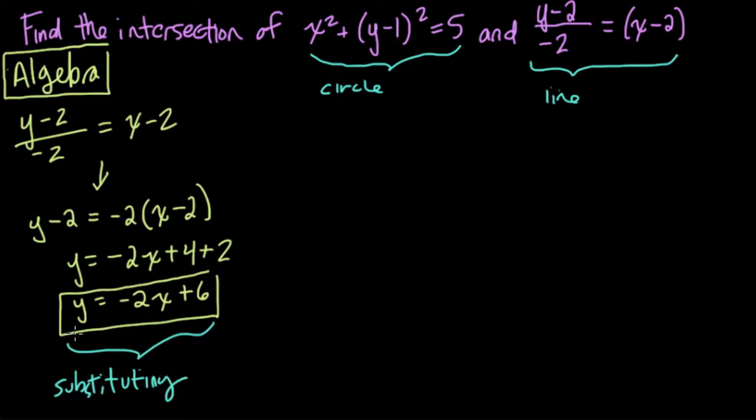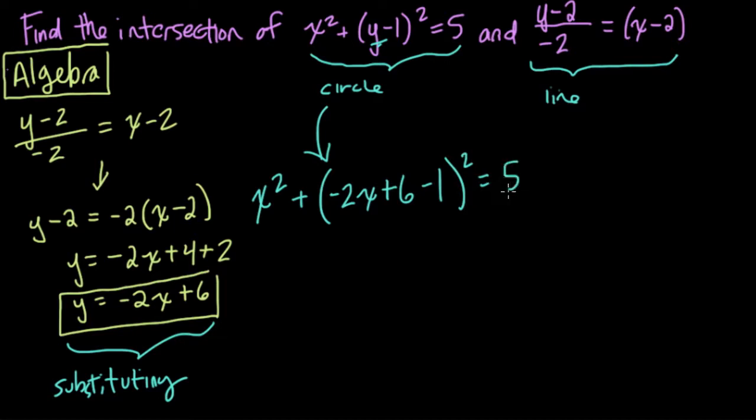By substituting this in, I'm defining the equation of the circle in all terms of x, which means I only have one variable, and that's much easier to work with. So now I have x squared, rewriting this equation, plus, now instead of y minus 1, I'm going to use this equation here. Instead of y, I'm going to write negative 2x plus 6, and that's my y term. Minus 1, squared, equals 5.